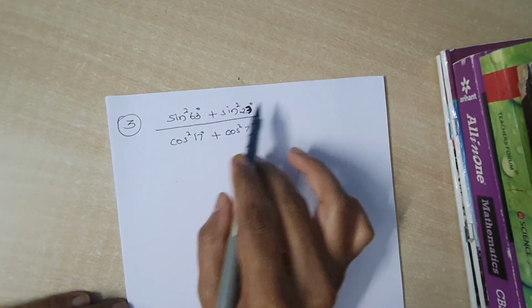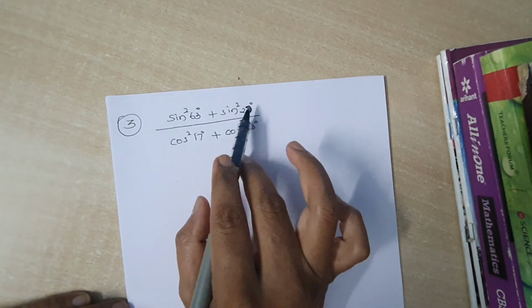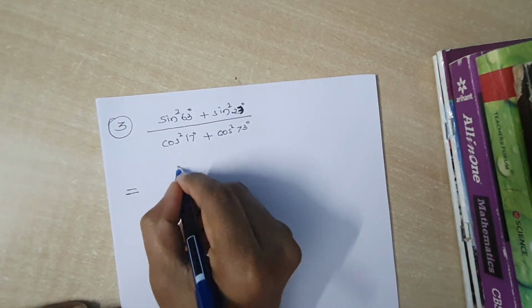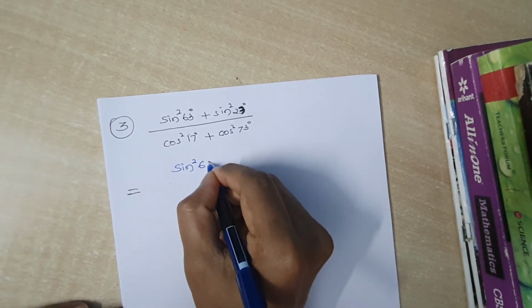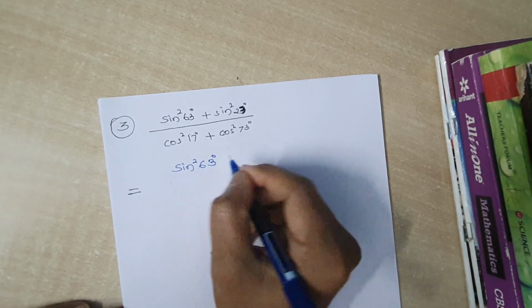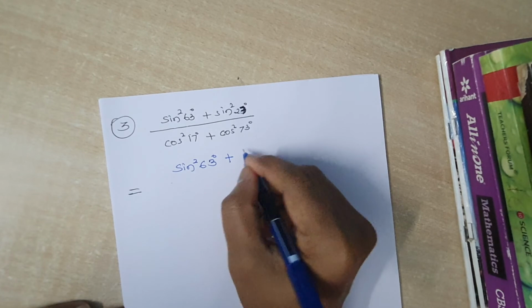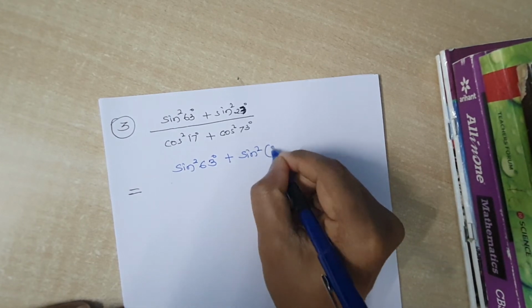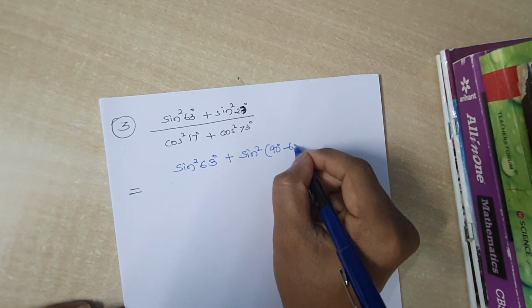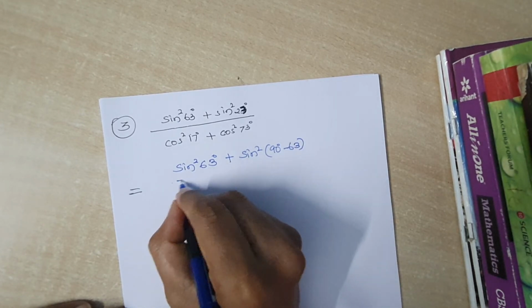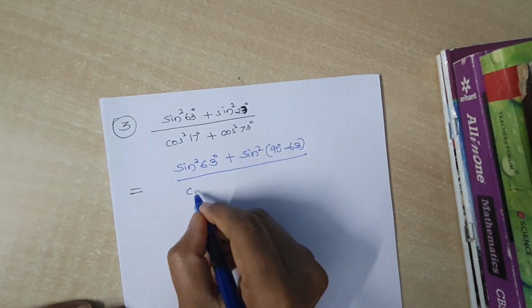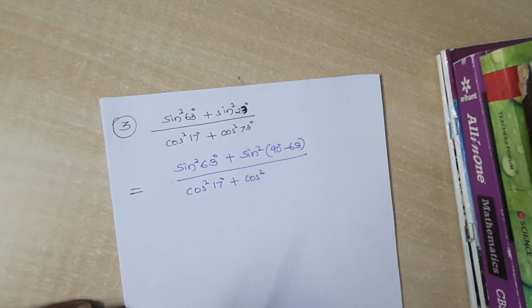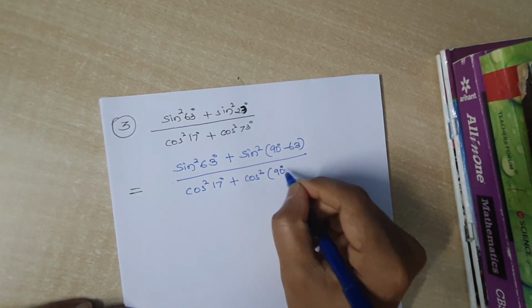We can expand either one of them. Let us expand this if you want. So we can write, instead of 27, 90 minus 63, and here we can write 90 minus 17 degree.